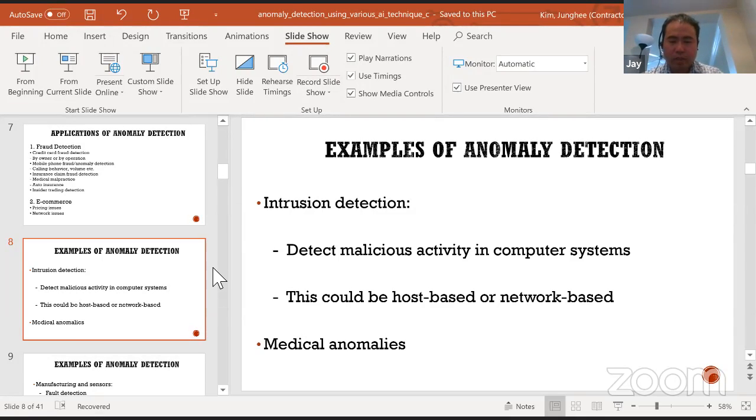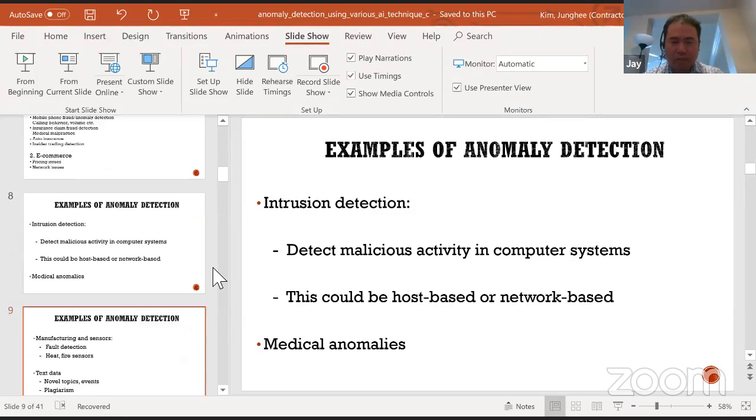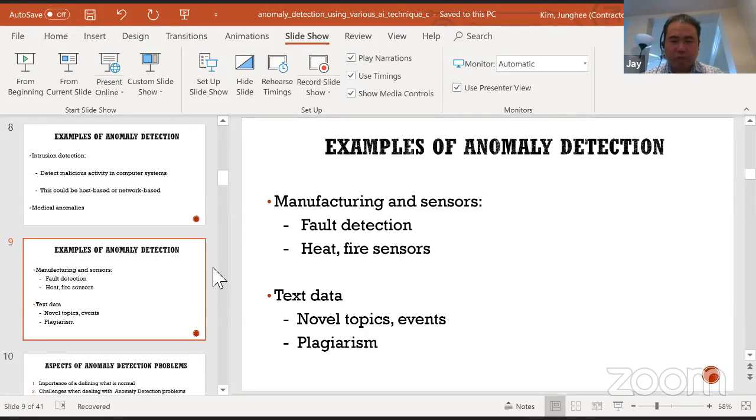And also in medical anomaly, like cancer detection, right? Some people have cancers, but the image of the cancer is different from normal people. So from the image, they can detect the anomalies. And also manufacturing and sensors.